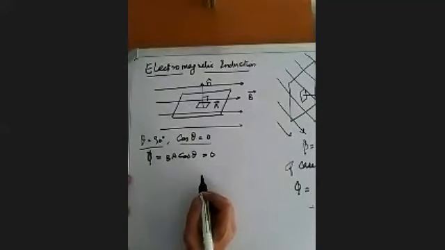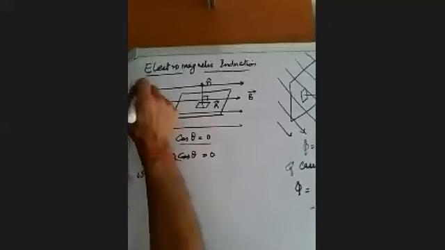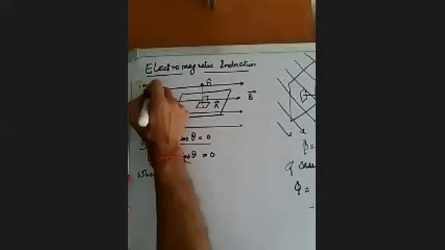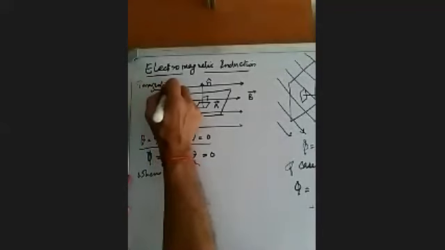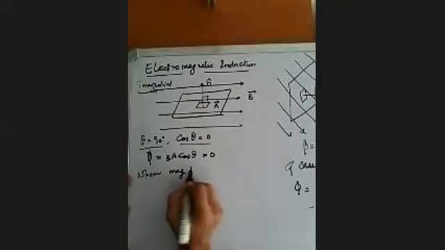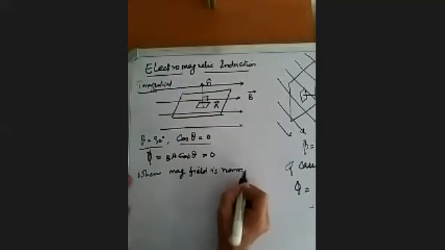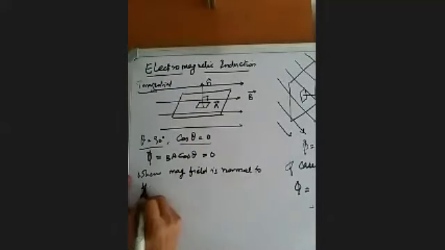Okay. Now, when the magnetic field is tangential to the surface, the flux is zero. Now consider when the magnetic field is normal to the surface.